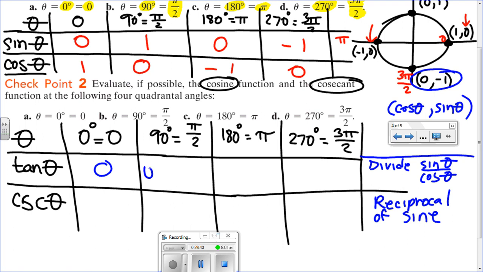Very good, because 1 over 0 is undefined. And then we need Jamie. Tangent of pi. Yes, very good, because 0 over -1 is 0.